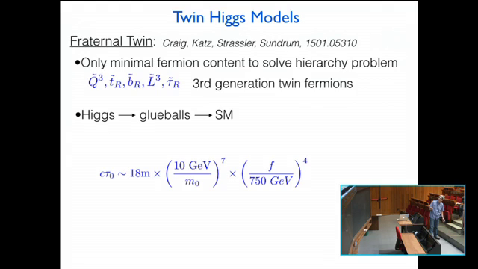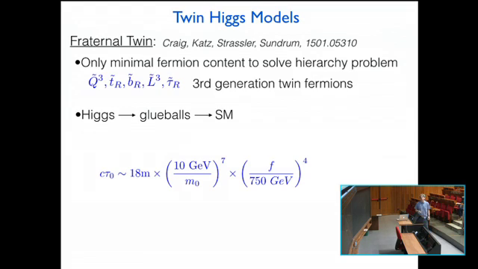And then it turns out that the glueballs of this twin sector are the lightest hadronic states, and they cannot decay to light mesons because there are no light quarks in this theory. And so the Higgs can decay to these glueballs with branching ratios that are very small, 10 to the minus 3, 10 to the minus 4. However, these glueballs are typically long-lived in this model, and they can generate highly displaced vertices.